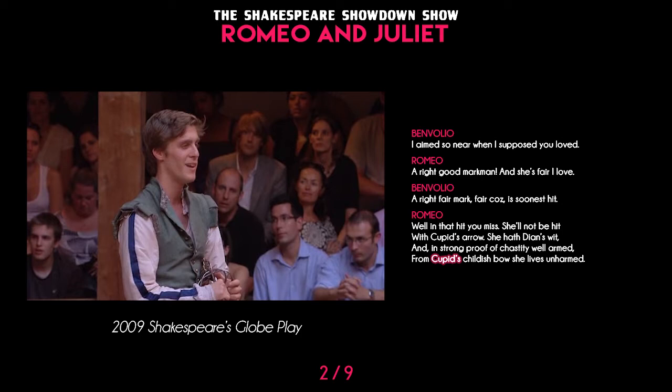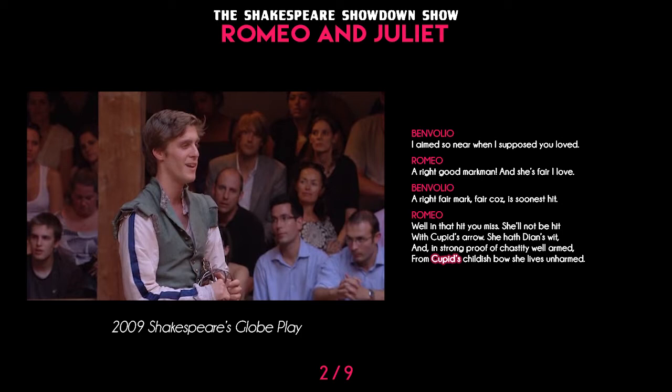To be clear, the Shakespeare Showdown show doesn't prefer the Q1 text to the Q2 text. We, like most people, prefer the Q2, notwithstanding the aforementioned preferences for "smoke raised" from the Q1 and "unharmed" from the Q1. Those are two minor outliers.